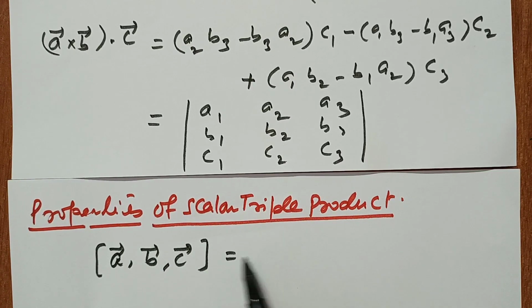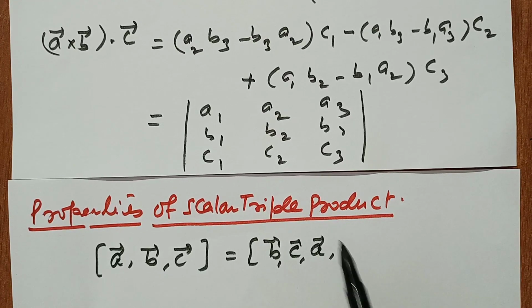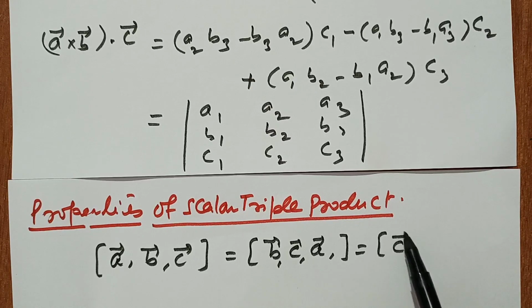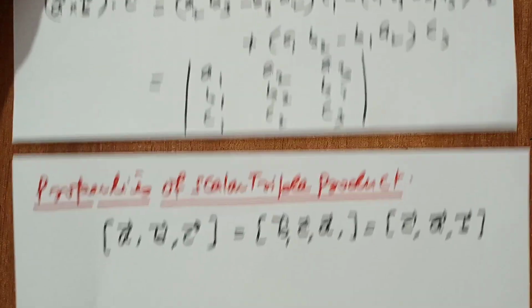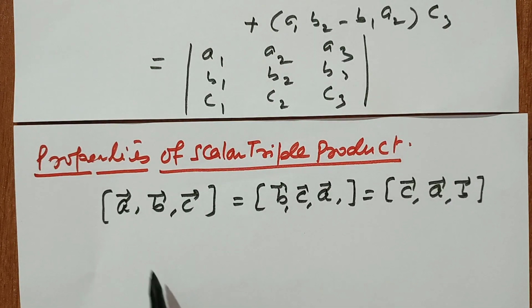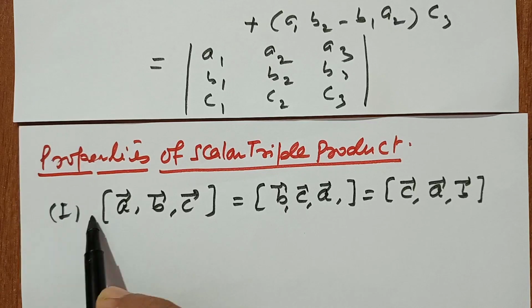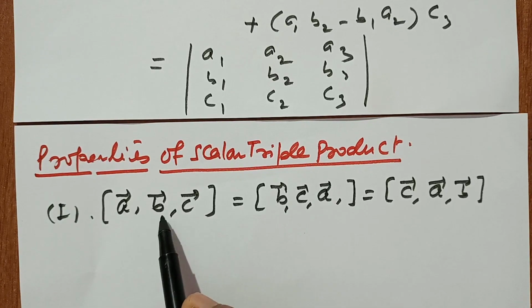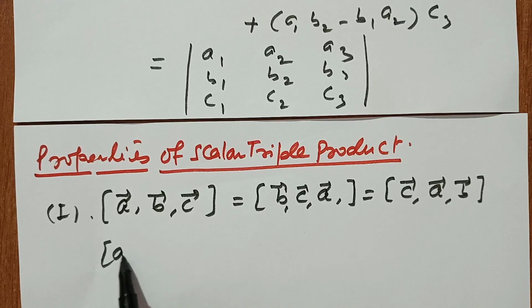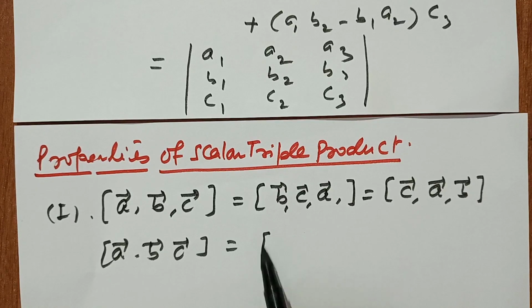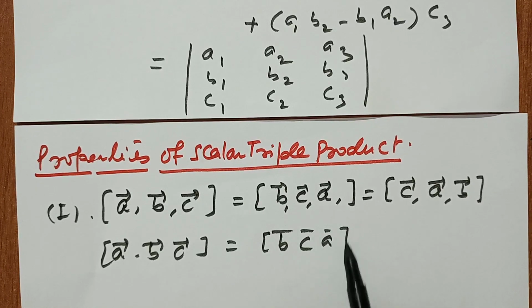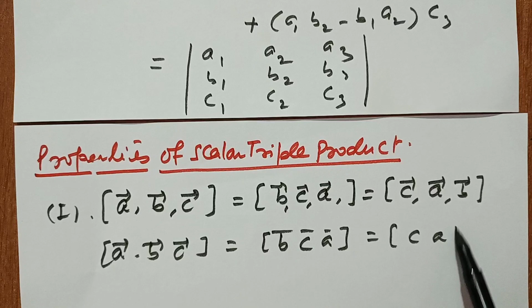The first property: A, B, C is equal to B, C, A, is equal to C, A, B. These are equal if we change cyclically. Also, the notation of [A, B, C] can be written without commas, is equal to [B C A], is equal to [C A B]. So this is the first property.